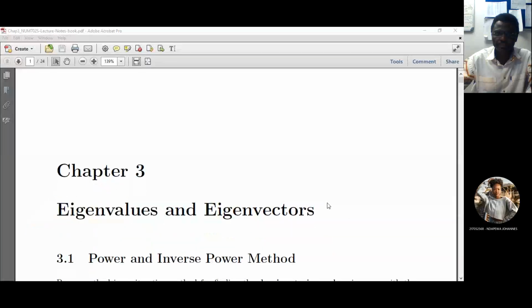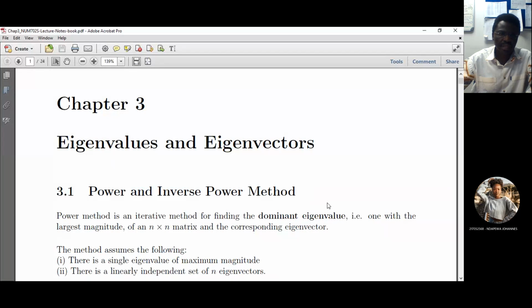Okay, so today we are going to start with eigenvalues and eigenvectors. I will quickly share the slide. And this is the very last chapter.